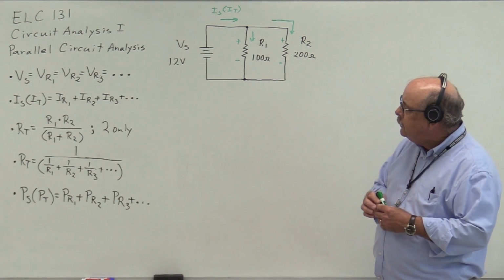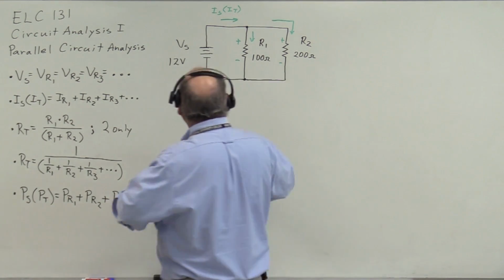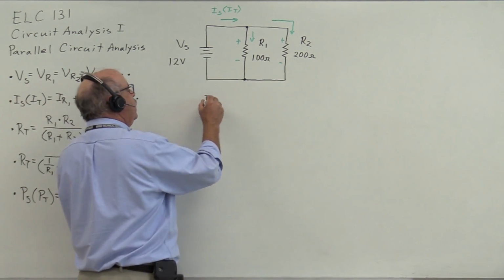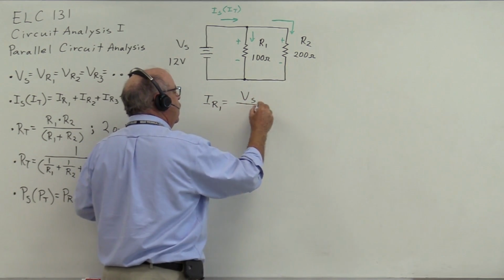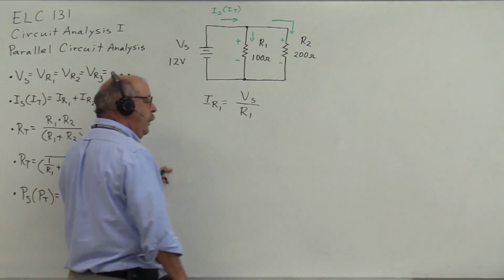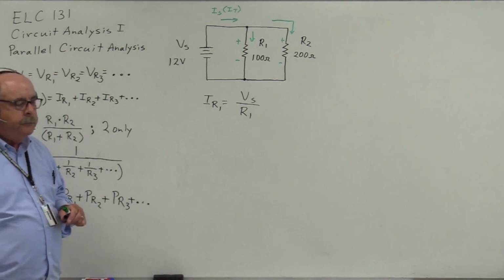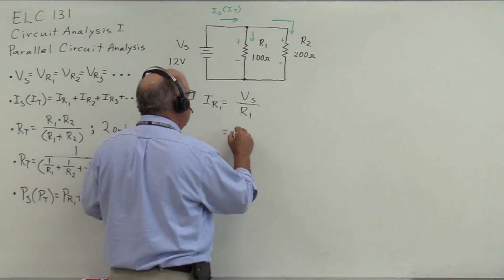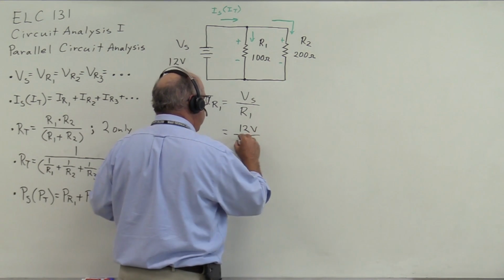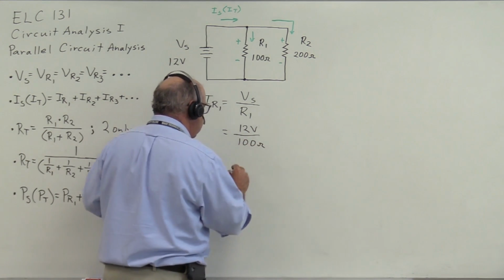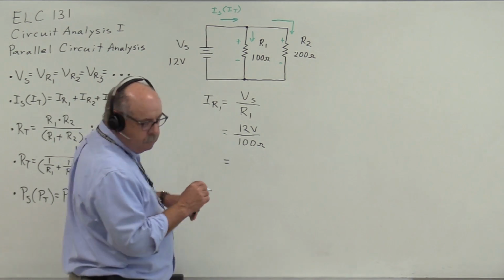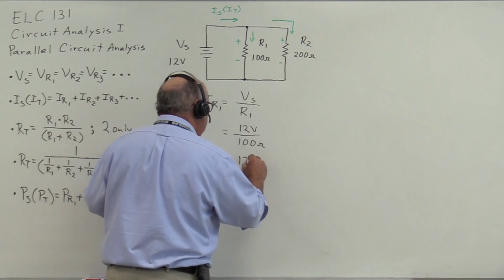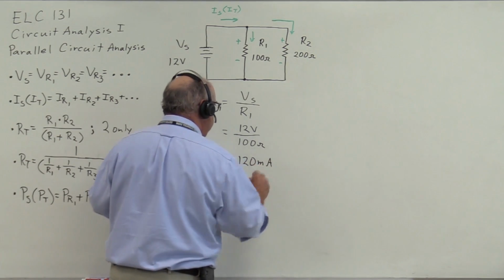So let's analyze the circuit. And the first thing we'll do is calculate each of the branch currents. IR1 equals Vs over R1. 12 volts over 100 ohms gives us how much? 120 milliamps.